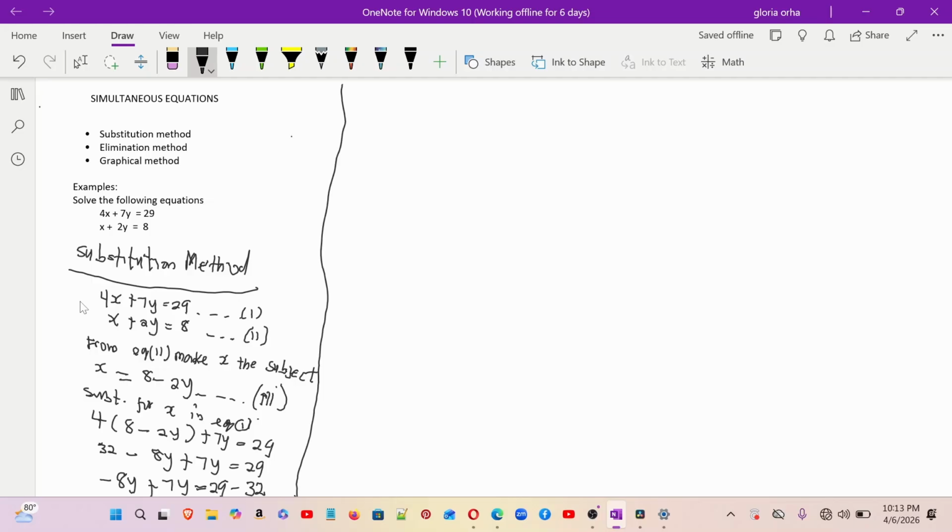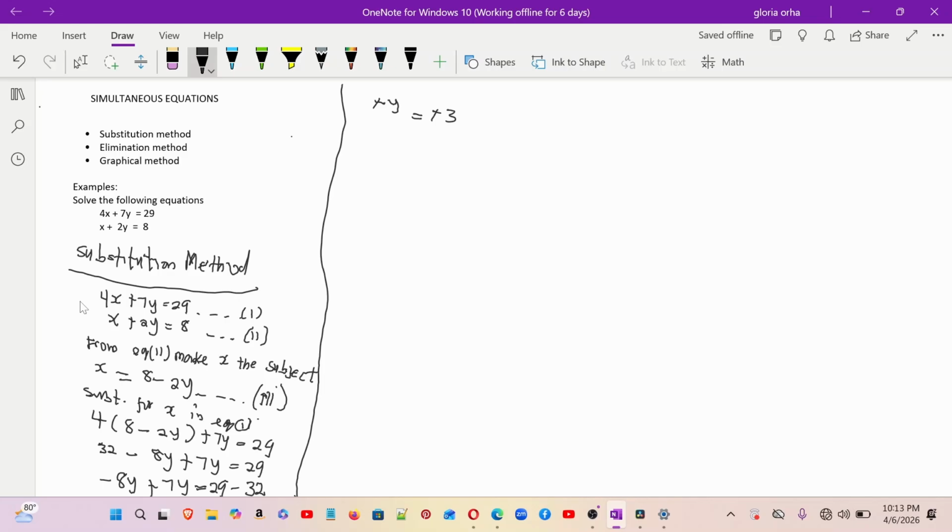So we've collected our like terms. Let's solve for y. Minus 8y plus 7y will give us minus y, equal to 29 minus 32, which is minus 3. Minus cancels minus, so y is equal to 3.